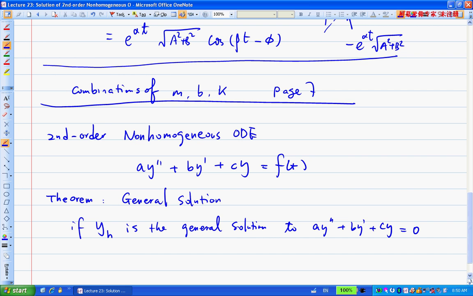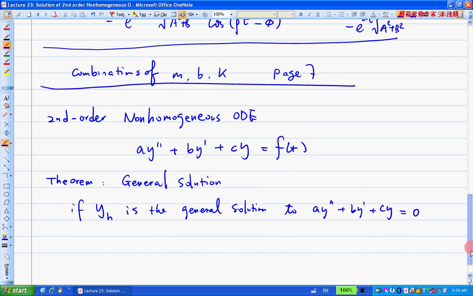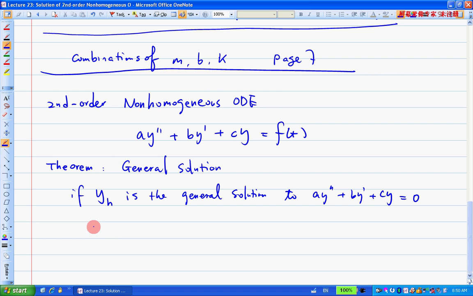Okay. So what does this mean? So this y_h is the general solution to which one? To the homogeneous one, right? And if y_p is a particular solution to a y double prime plus b y prime plus c y equal to f of t.